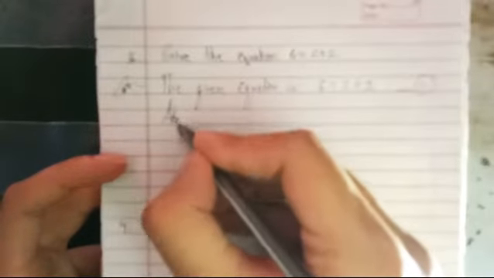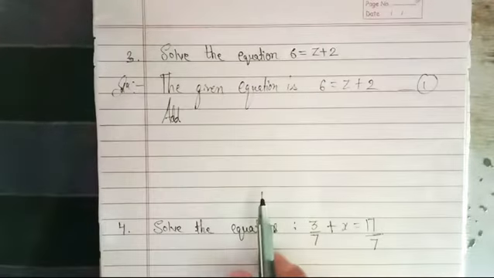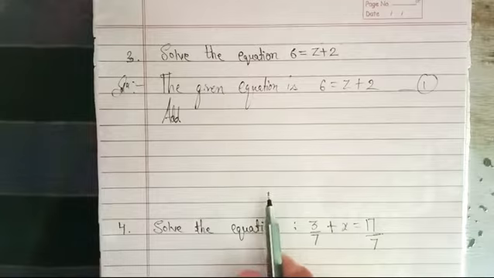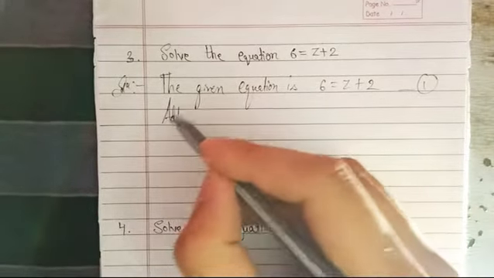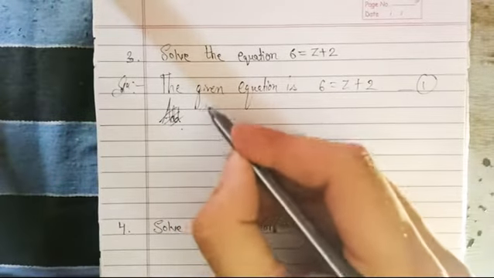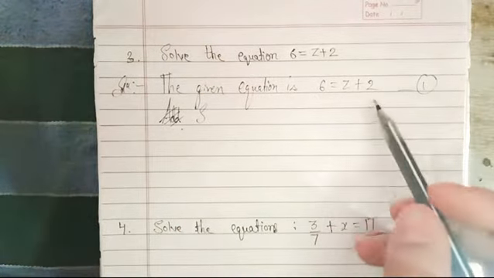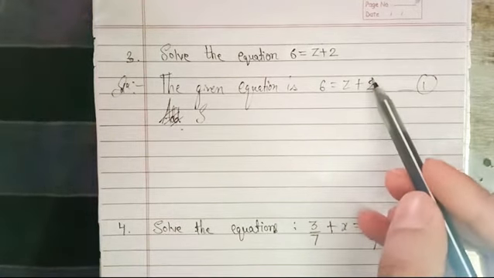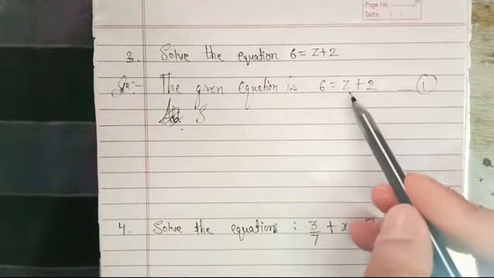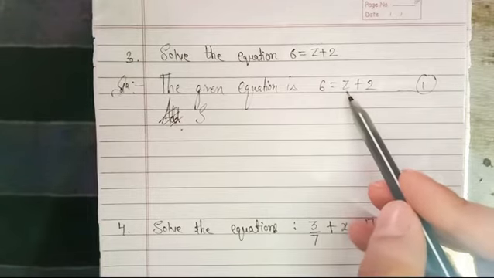Either adding, or we can say subtracting. Why are we subtracting? I want to remove this 2 from the right hand side in order to find the value of z.